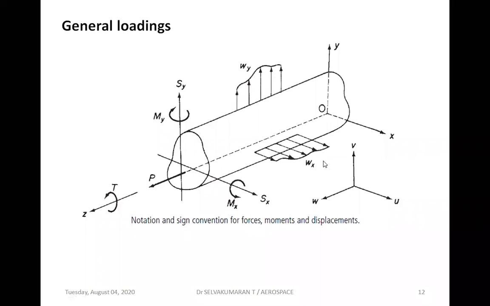Wx is the UDL acting in the x direction, and Wy is the UDL acting in the y direction. Capital Sx is the shear force in the x direction, and Sy is the shear force in the y direction. Mx is the bending moment about the x-axis, and My is the bending moment about the y-axis, and P is the axial pull, and T is the torsion.